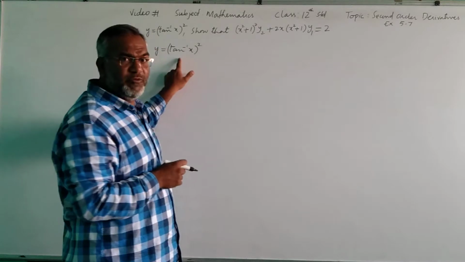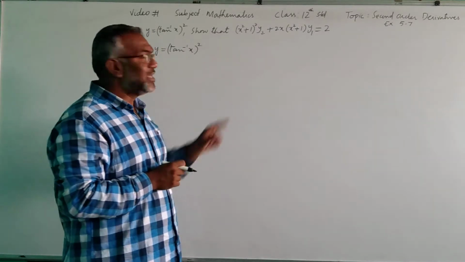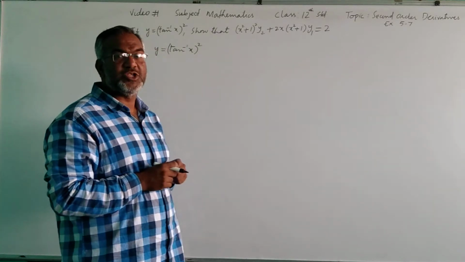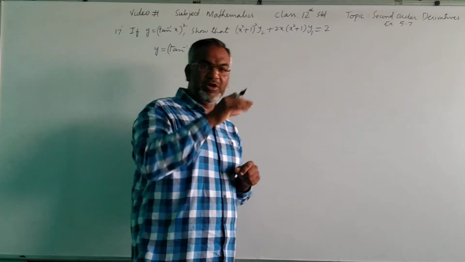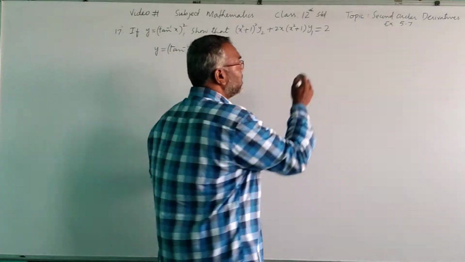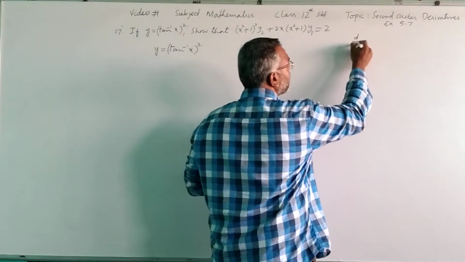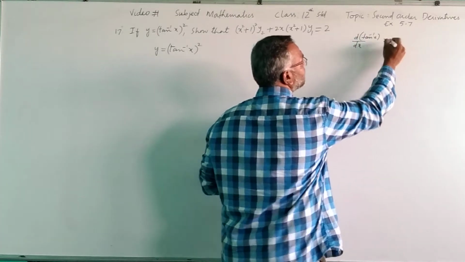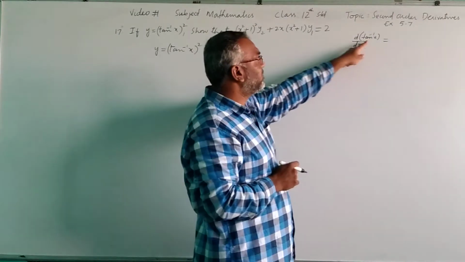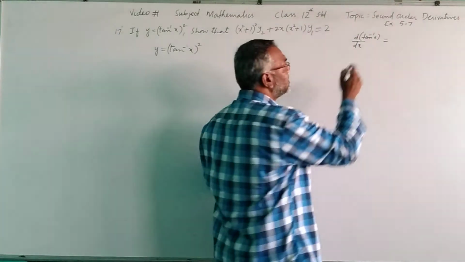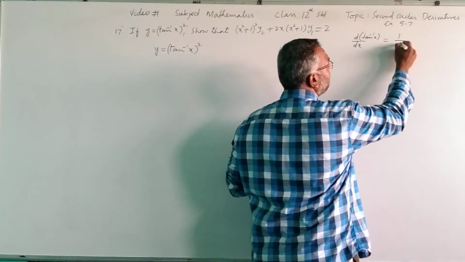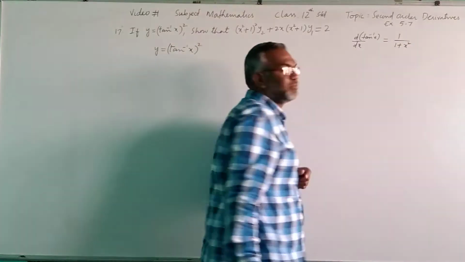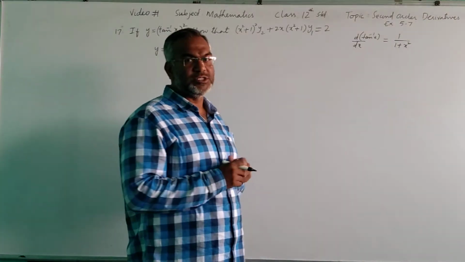Now, before doing the problem, let's see what is the differentiation of tan inverse x. We have already discussed this in previous videos. Derivative of tan inverse x with respect to x is 1 by 1 plus x square, right? This is the formula we wrote.